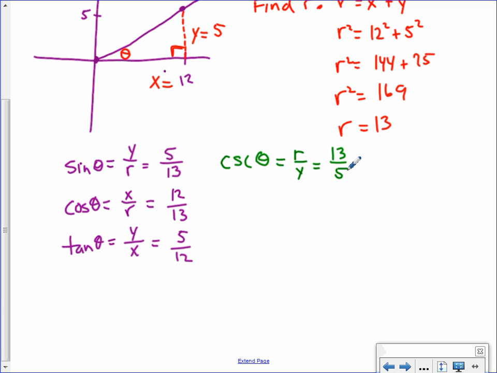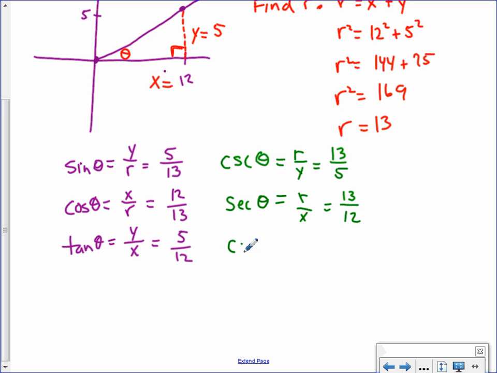You do not have to write everything down. You just give me the answer on your homework. But it's a good thing on your notes to make sure you account for everything, right? Reciprocal of cosine. Secant. So that would be r over x, which is 13 over 12.